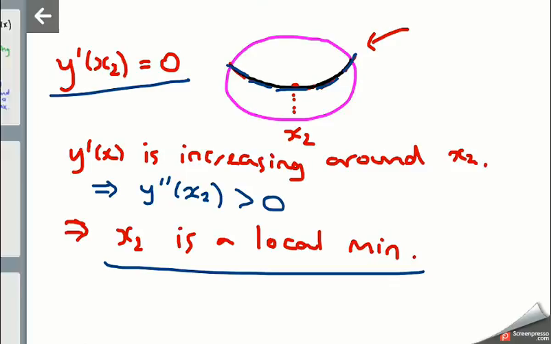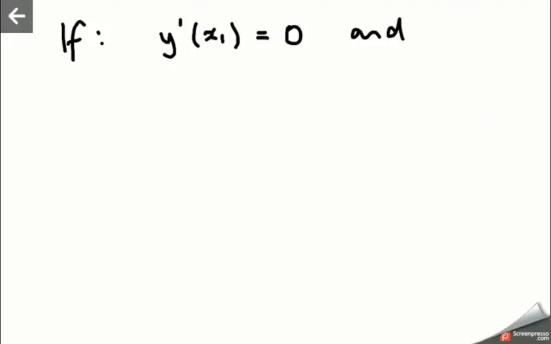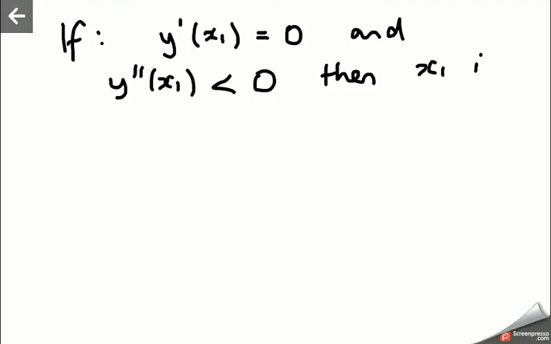All right, let's collect what we just discovered there. So if y prime of x1 equals 0 and y prime prime of x1 is less than 0, then it must be that x1 is a local maximum.